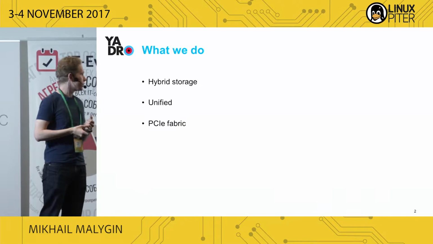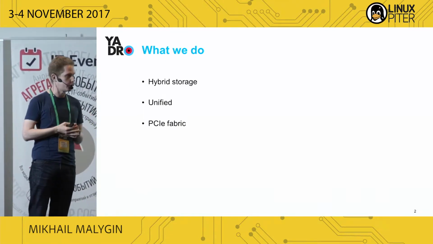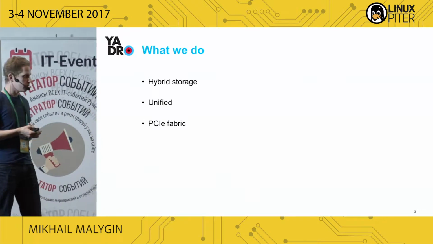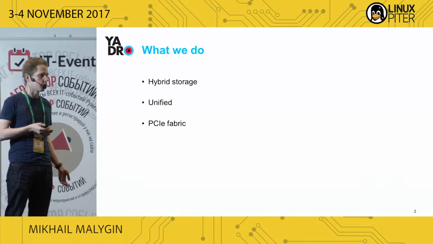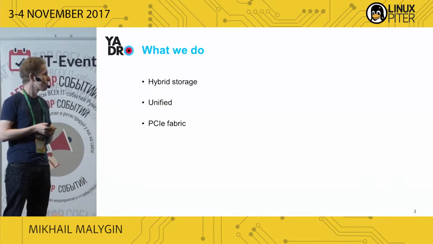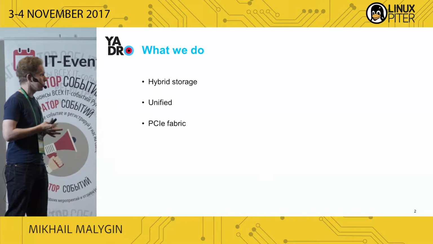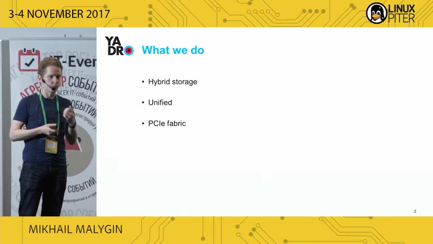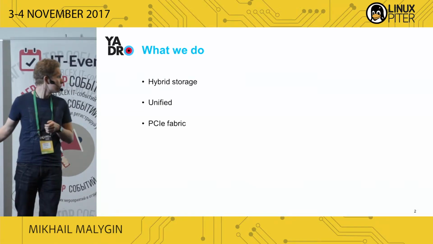We are making a storage system, a hybrid, unified storage system. It can communicate over different protocols: block, file, object, and so on. Inside it there is a PCI fabric which connects all the system components.